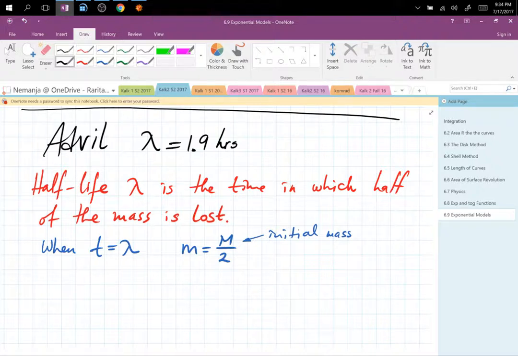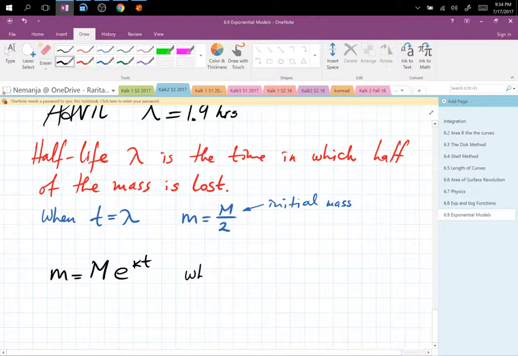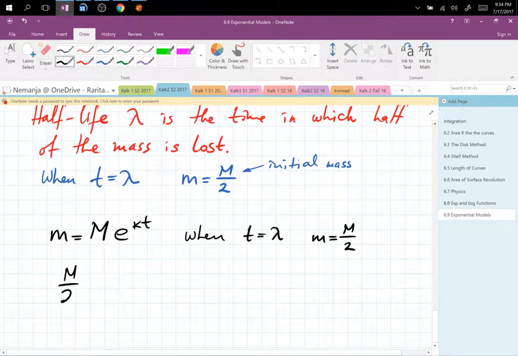I start from figuring out the decay rate. We know that the mass is equal to initial mass e to the kt. So now, when t equals lambda, mass is half of initial mass. So we have this. And you see that initial mass doesn't matter.